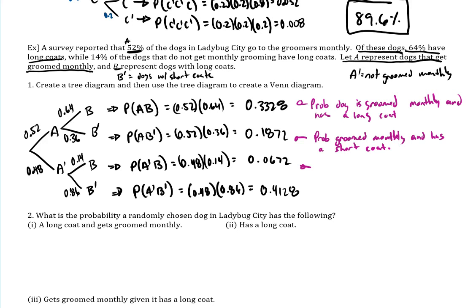Okay, and then let's get these ones. The not A is not groomed monthly. So this represents the probability the dog is not groomed monthly. And then B is that it has a long coat. So probability not groomed monthly and the dog has a long coat.